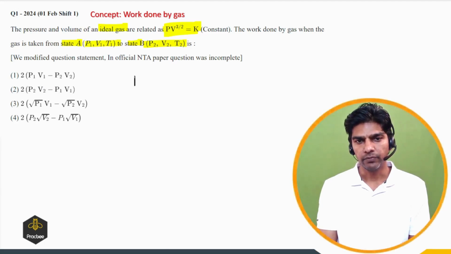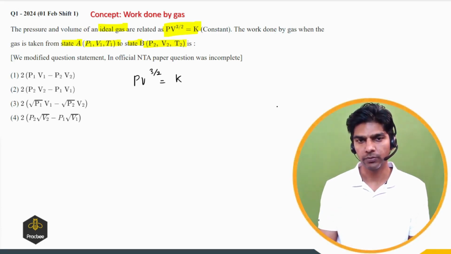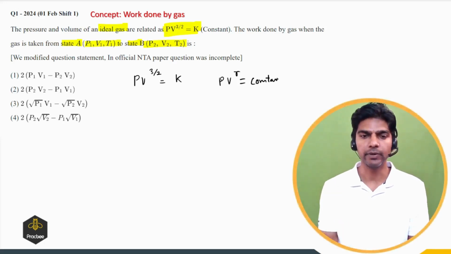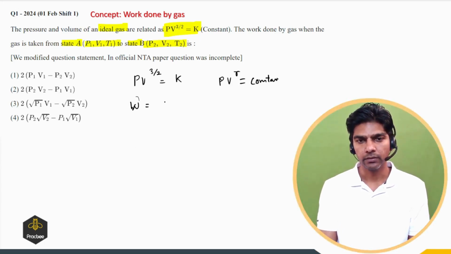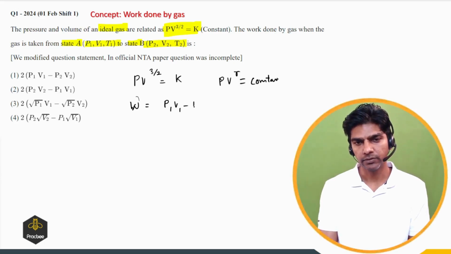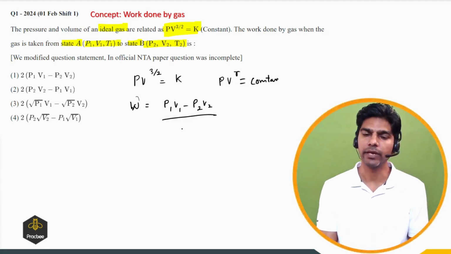Here we have PV raised to power 3/2 is constant. And we know that in case of an adiabatic process, we have the similar form, which is PV raised to power gamma is constant. In adiabatic process or in polytropic process, work done is defined as (P1V1 minus P2V2) divided by gamma minus 1 in case of adiabatic process, or in polytropic it will be n minus 1.